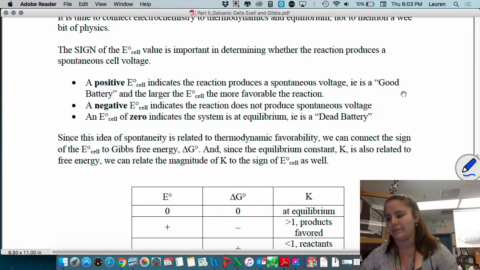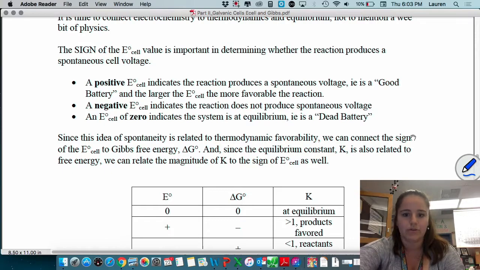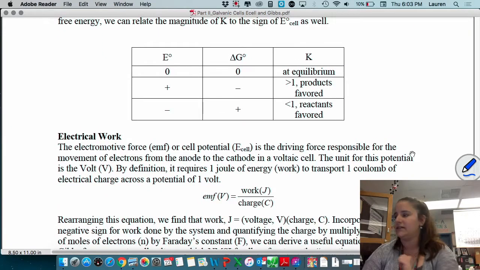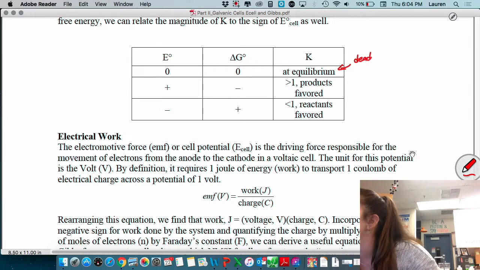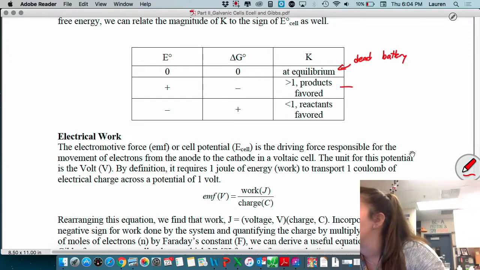It's at equilibrium. So we can connect that to Gibbs free energy, the amount of energy available to do work, and that is all summarized in this handy-dandy little chart. When E cell is 0, delta G is 0, it's at equilibrium. Nothing's going to happen. This is your dead battery. When E cell is positive, delta G is negative, K is greater than 1.